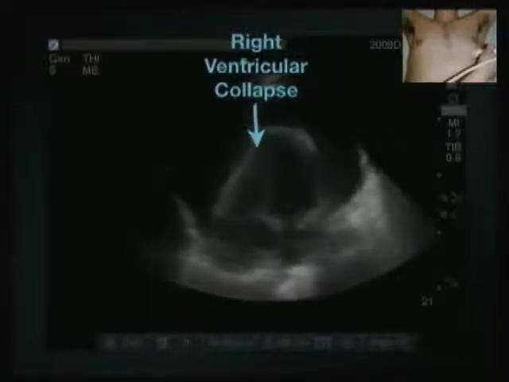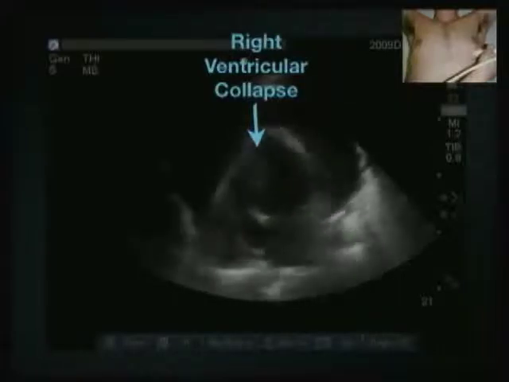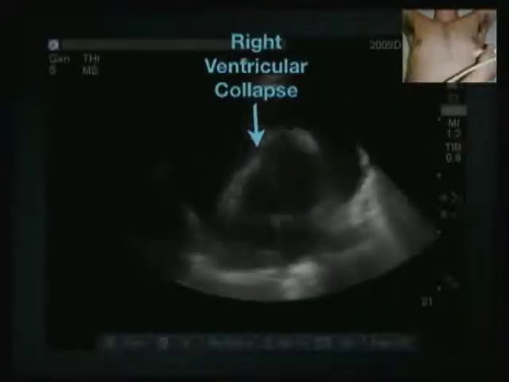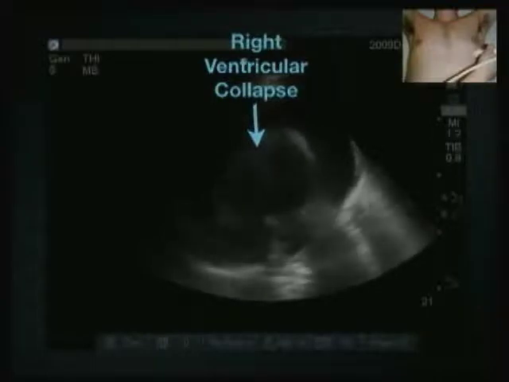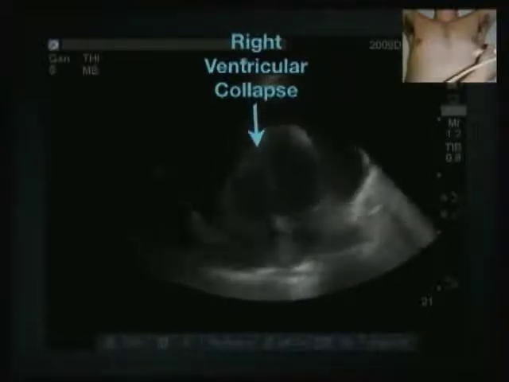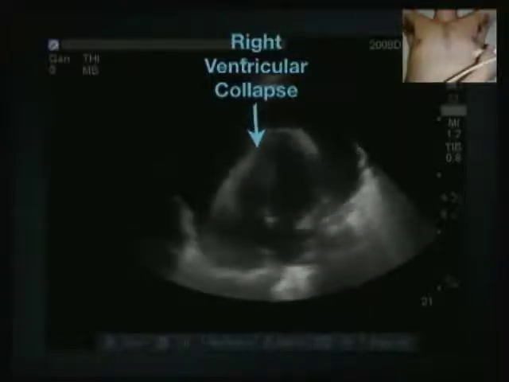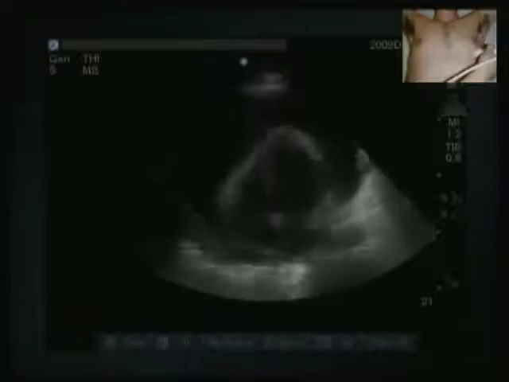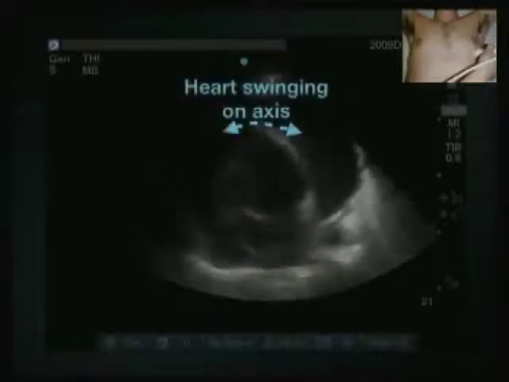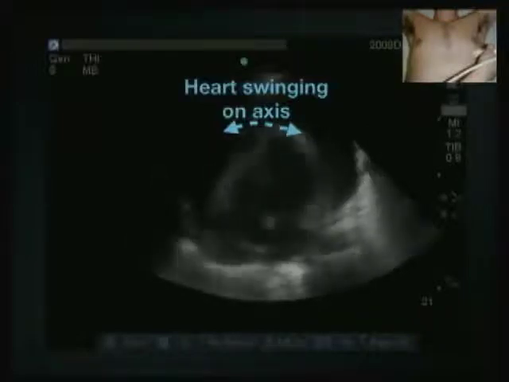It's a little bit hard to tell in this example just because of the fact that there's so much movement. But you just grossly look at that right ventricle, and it's fairly concerning that there is such a large intrapericardial pressure that is causing an impaired relaxation of that right ventricle. And then finally, you see the heart swinging on its axis. And these are all findings that you would expect to see in cardiac tamponade.